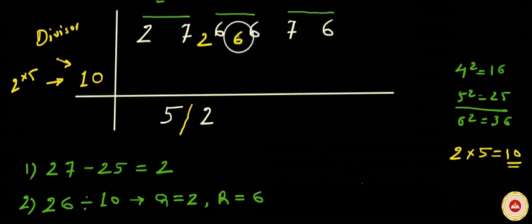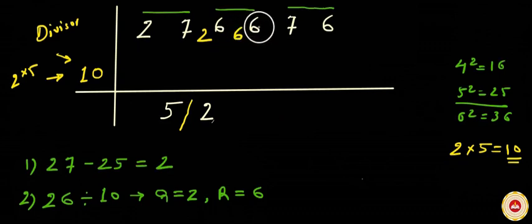Now read this as 66, which is the gross dividend. Now let us calculate the net dividend out of this. How to calculate the net dividend? Subtract the duplex of the first quotient digit from 66, the gross dividend, and you will get the net dividend.